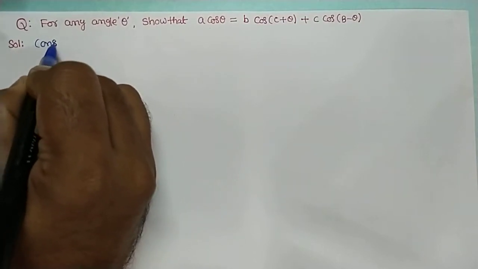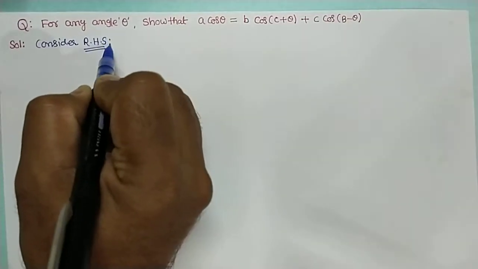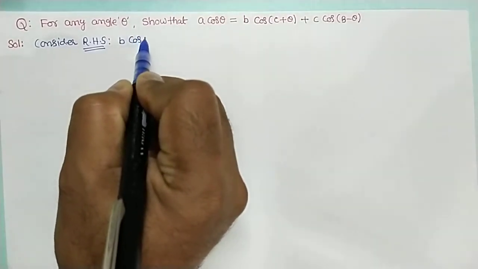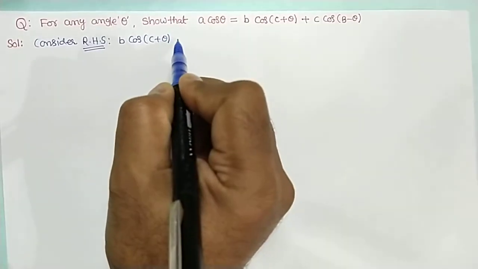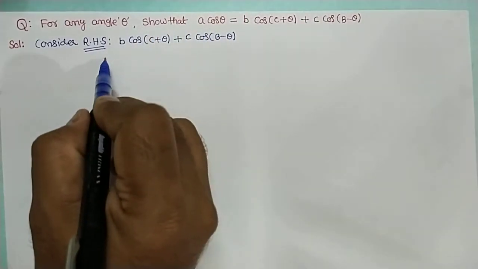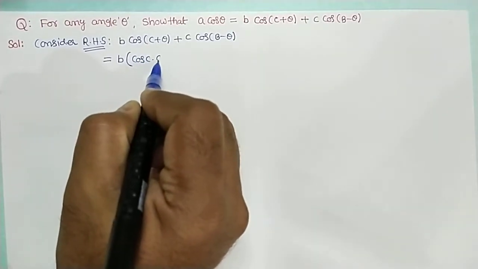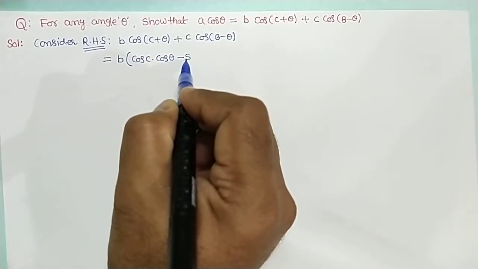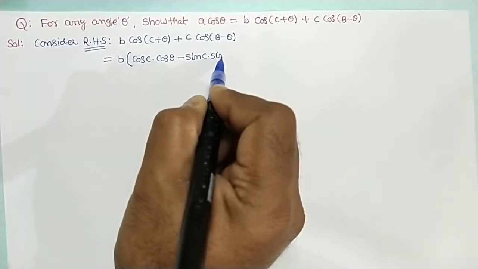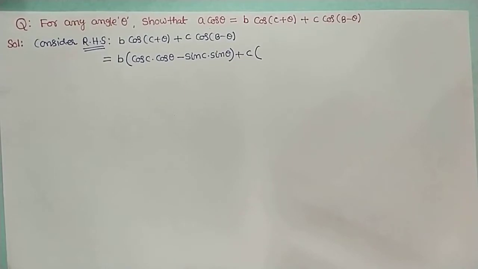Consider RHS. What is RHS here? b into cos of (C plus theta) plus c into cos of (B minus theta), which is equal to b into, keep bracket, cos of (A plus B) formula, cos A cos B minus sin A sin B. So cos of (C plus theta) is cos C into cos theta minus sin C into sin theta, plus c into, keep bracket, cos of (B minus theta).